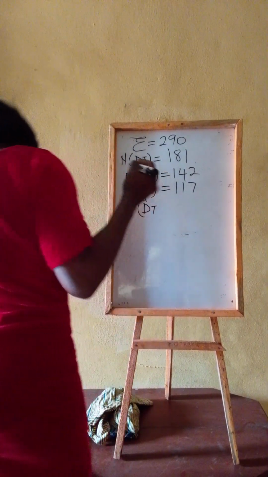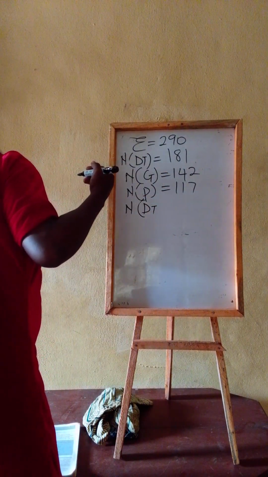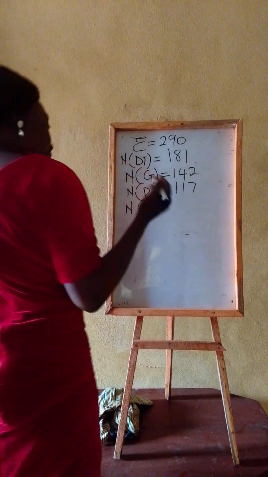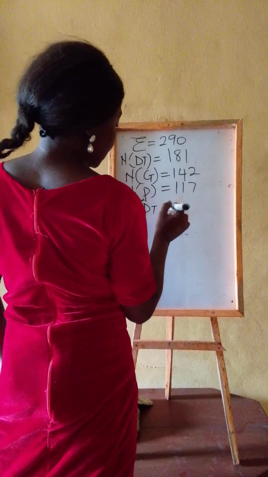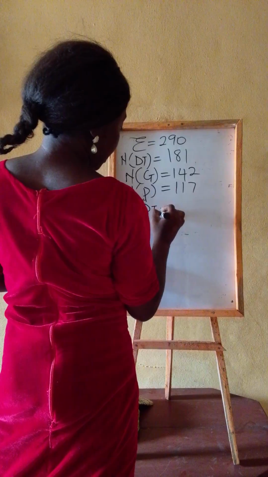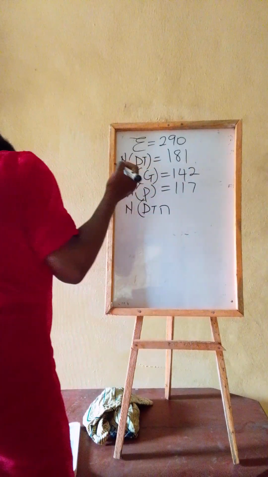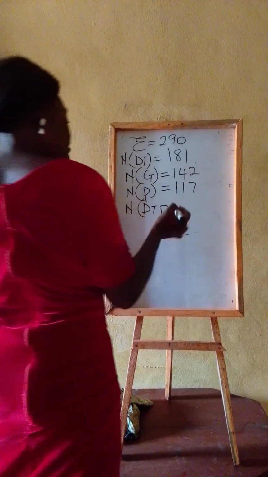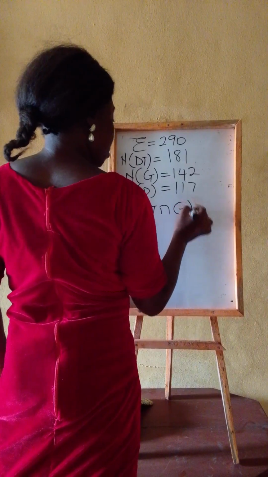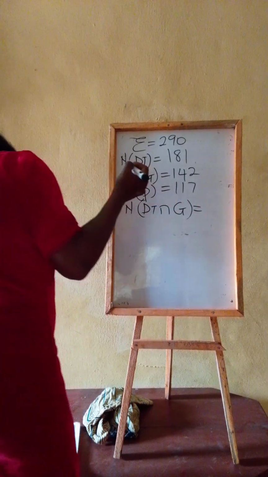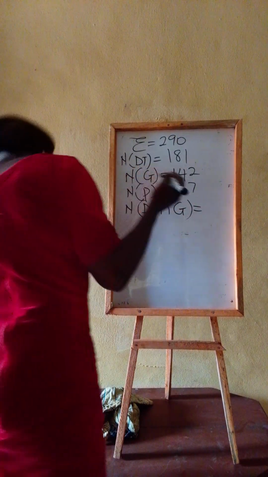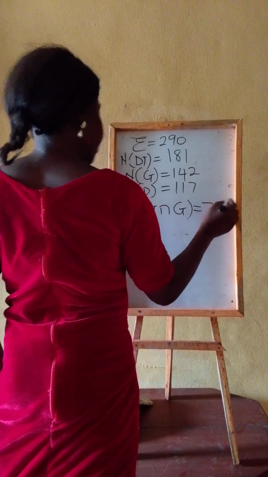So when we have Daily Times and Guardian, that means DT intersects G. So we have 75.